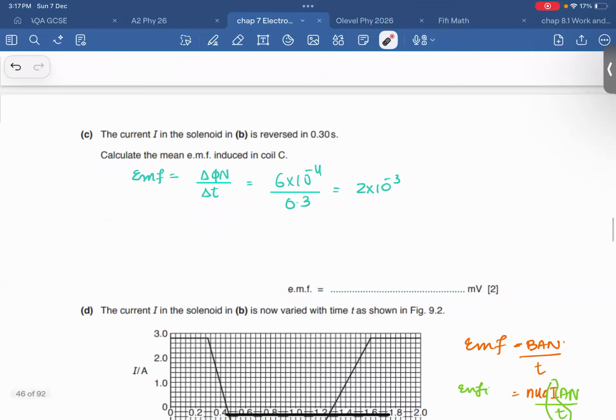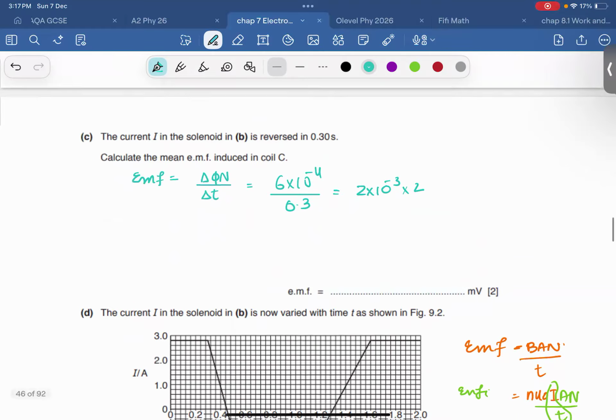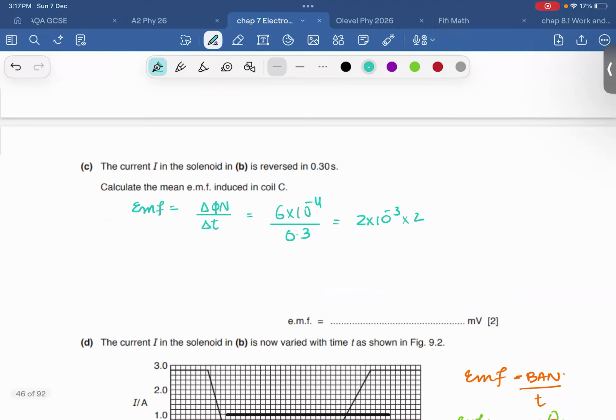So by the way, to find the mean induced EMF when you're reversing the current, you have to multiply your answer by 2 to get the final answer. There are two possible scenarios. One is if you are reversing the current, the first case, so for the final answer you have to multiply by 2.